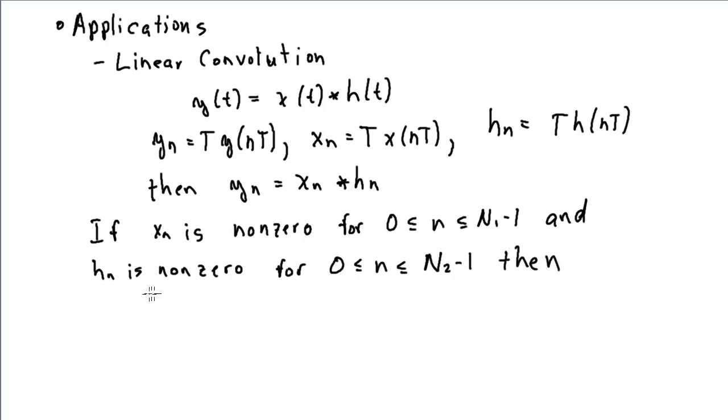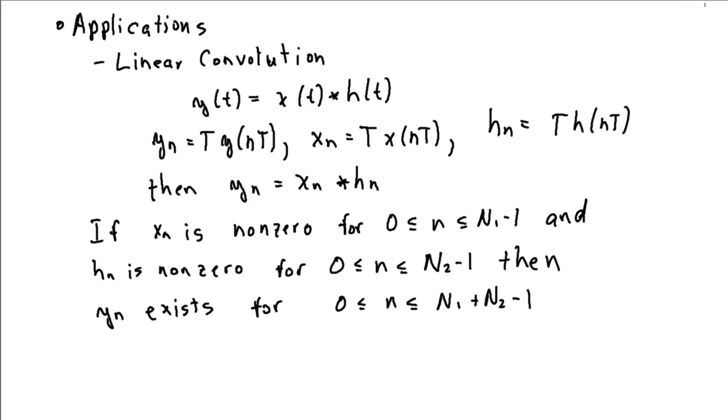Then we know, looking at our convolution results previously, that y of n exists for 0 less than n less than N1 plus N2 minus 1, or in other words, y of n consists of N1 plus N2 minus 1 non-zero samples.